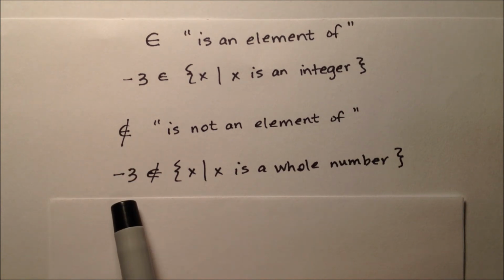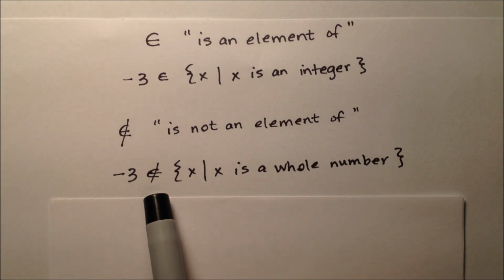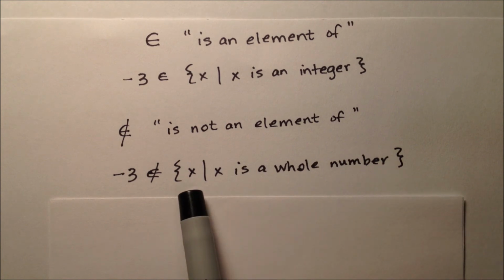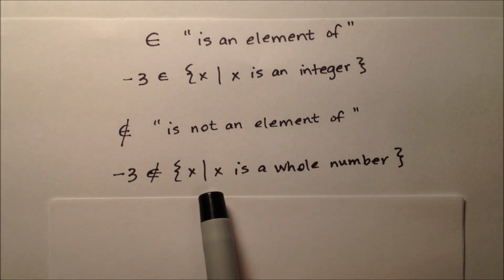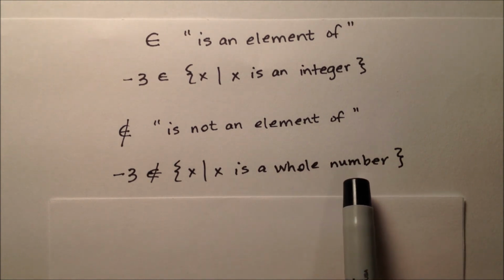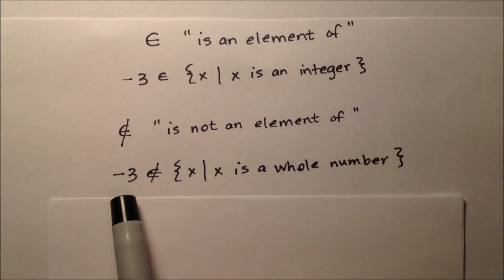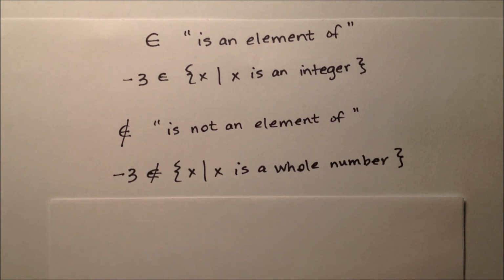So this next statement will read, -3 is not an element of the set of all x's such that x is a whole number. Recall that whole numbers begin at 0 and work their way up. 0, 1, 2, 3, 4, and so on. There are no negative numbers included in the whole numbers. Thus, our -3 is not an element of the whole numbers.